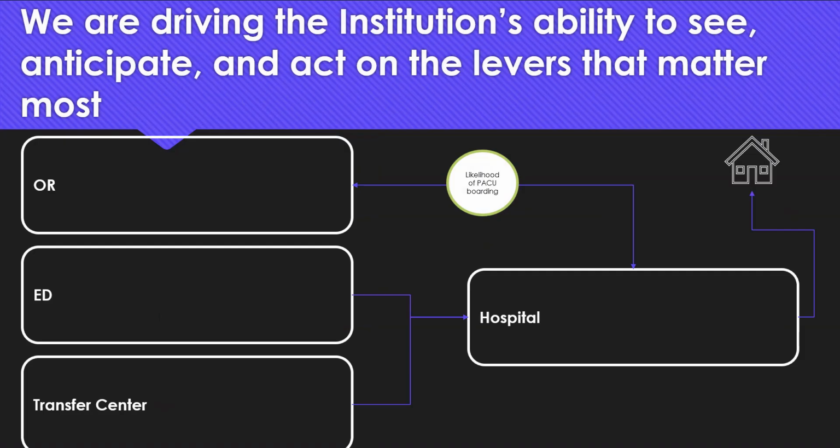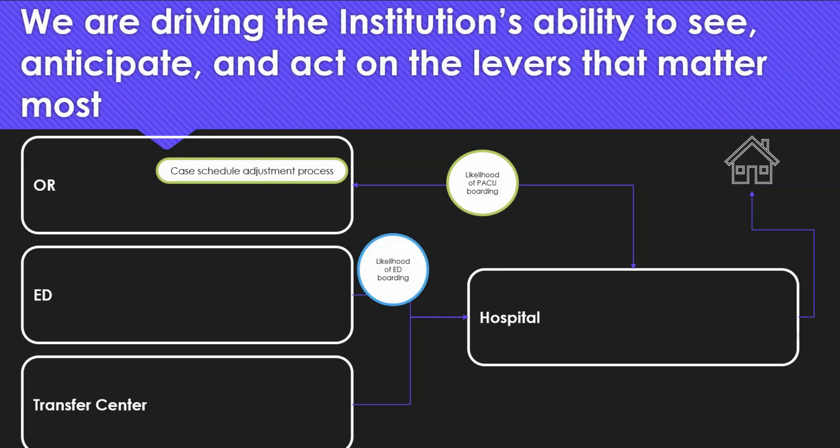So this is where we're looking for predicting something like the likelihood of PACU boarding so we can make a choice about how to adjust the schedule. And that's a little bit of what we're actually going to look at in this optimization example. Or predicting likelihood of ED boarding for the purpose of adjusting staffing.